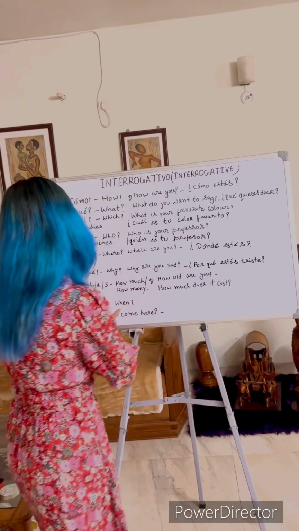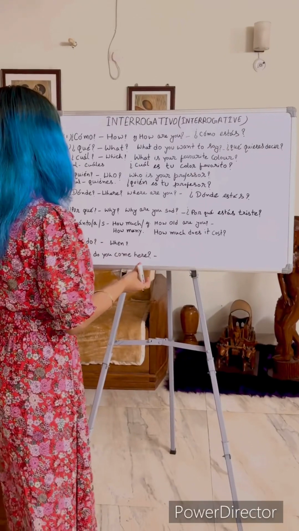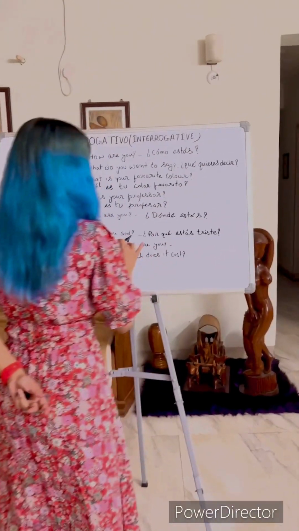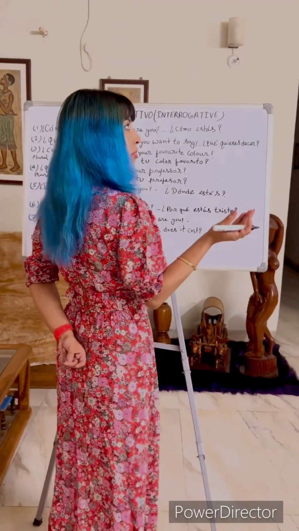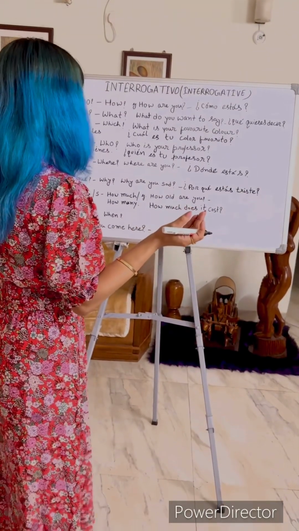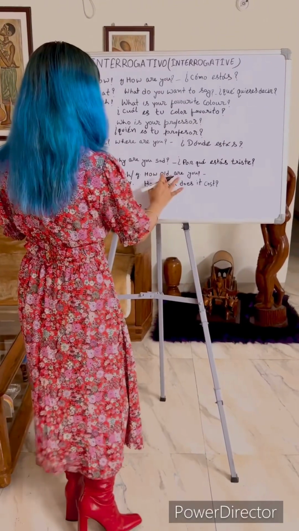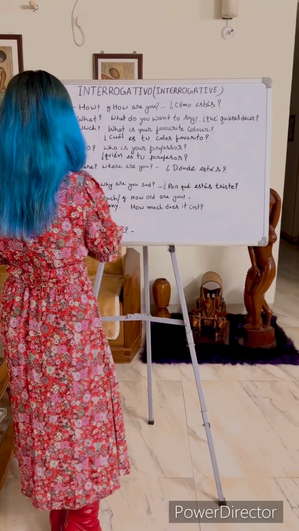Now next one is cuánto. Cuánto means how much, how many. And remember our example is how old are you? I had told you to talk about age you mostly use the tener verb in Spanish language. So how old are you? So año is a masculine noun, so cuánto.